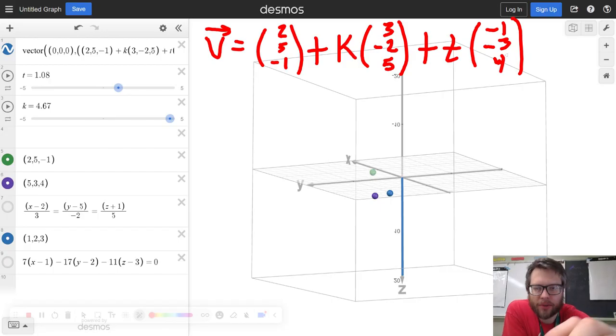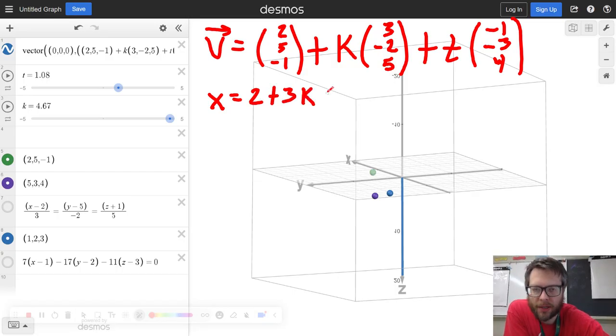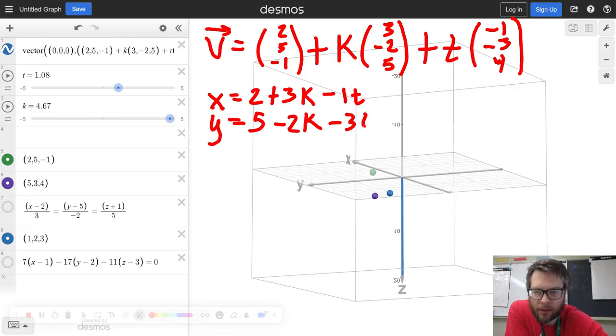And what I want to do is write that as a system of equations. The top row can be written as x equals 2 plus 3k minus 1t. The middle row can be written as y equals 5 minus 2k minus 3t.